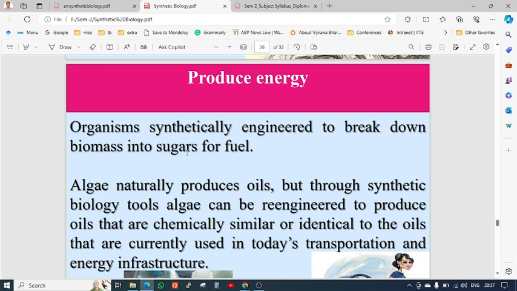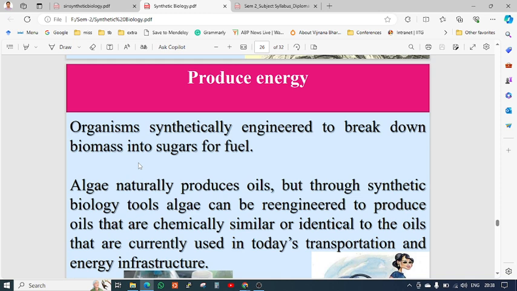Because nowadays, as we already discussed, biofuel, biogas, and biomass are mostly the future green energy resources, and biomass can be converted into biofuel or ethanol through degradation of the compounds into ethanol by some microorganisms.